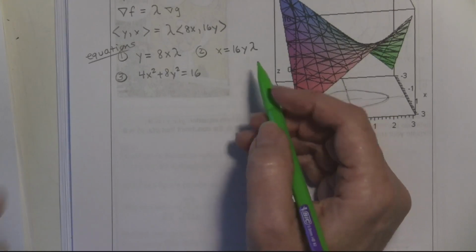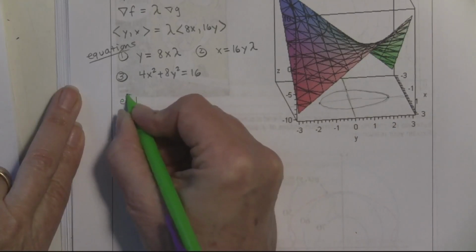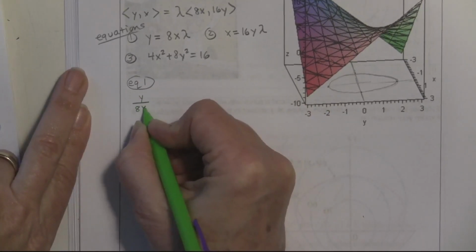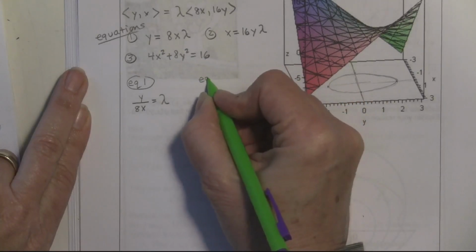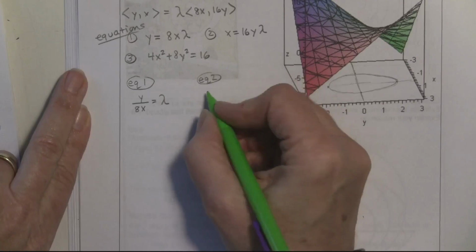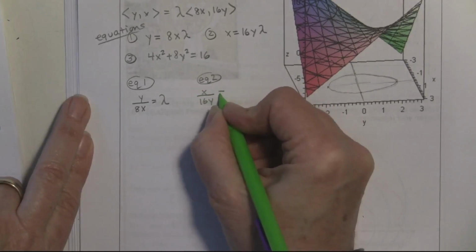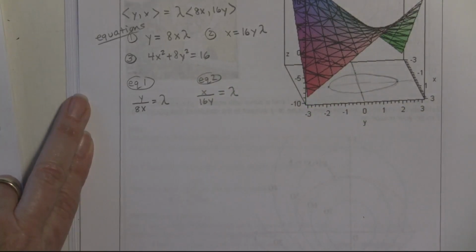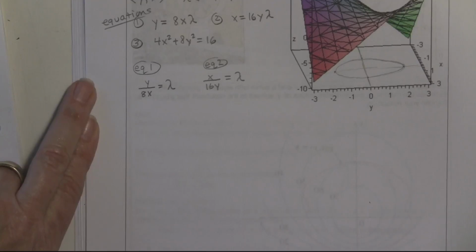So this is equation 1, and if I rearrange it, it would be y over 8x equals lambda. And if I did the same to equation 2, that would be x over 16y equals lambda.